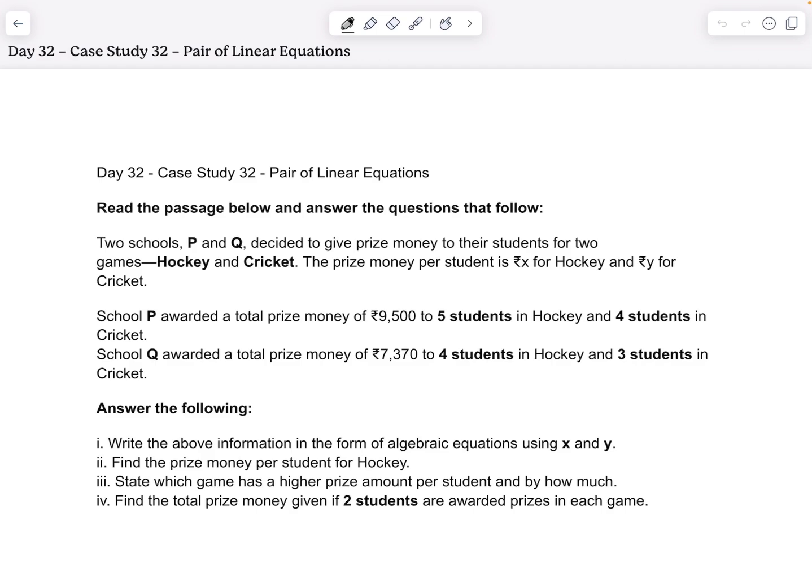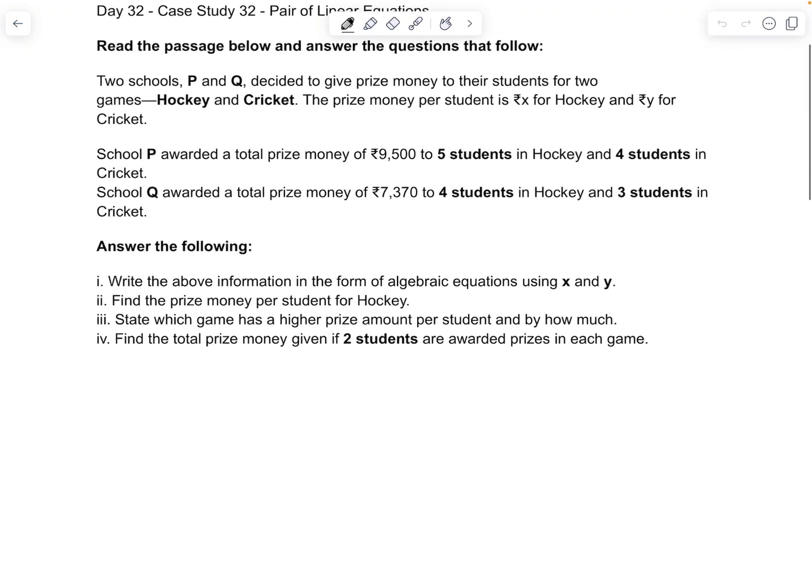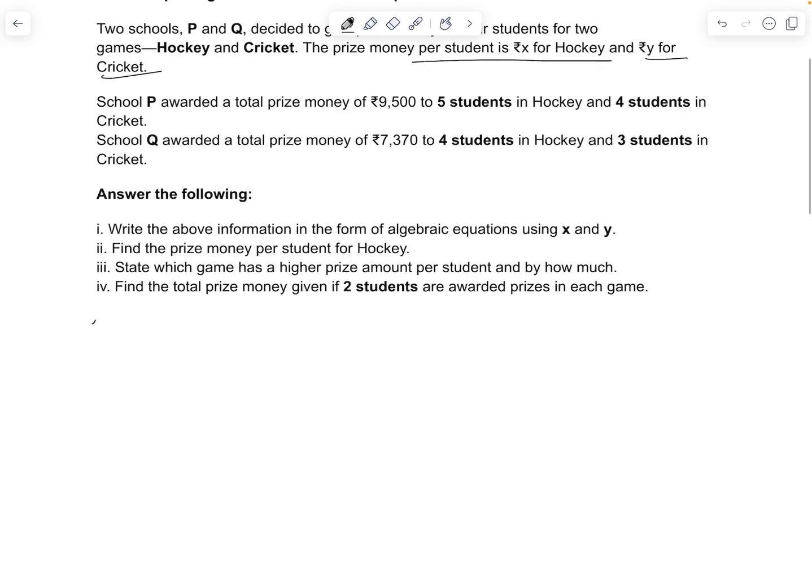Question 1. Write the above information in the form of algebraic equations using x and y. The prize money per student is rupees x for hockey and rupees y for cricket. So the equation can be framed like this. Now for P, it is 5 students for hockey, that is 5x plus 4 students for cricket.